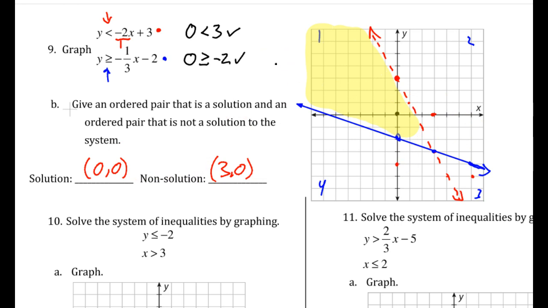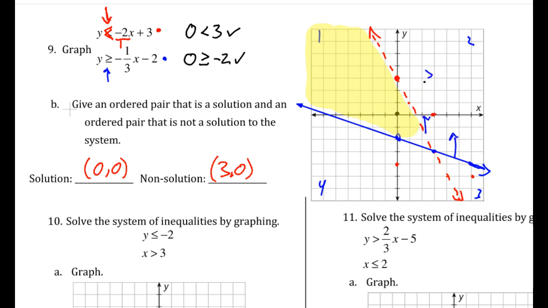Sorry, I didn't understand how you did it. So right here, it's below the red line, down from the red line, and above the blue line. Okay. So both of those have to be true. This is the only region that's below the red but above the blue. Over here, this would be above.